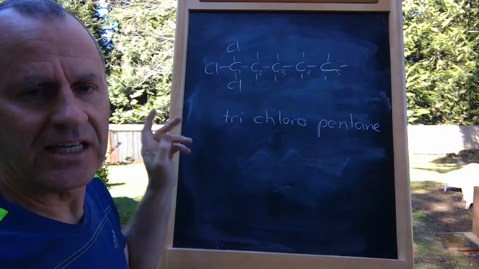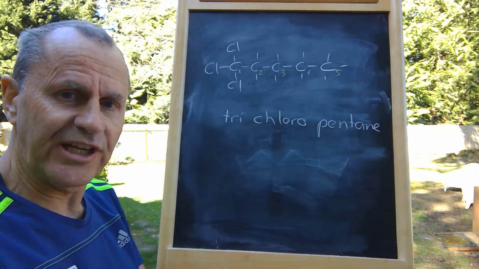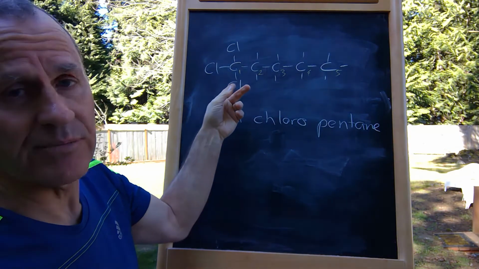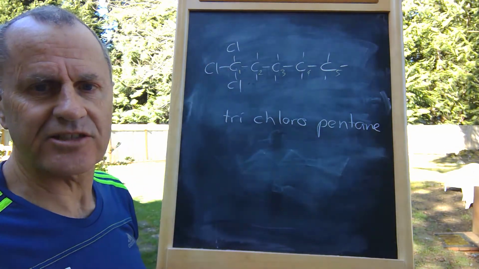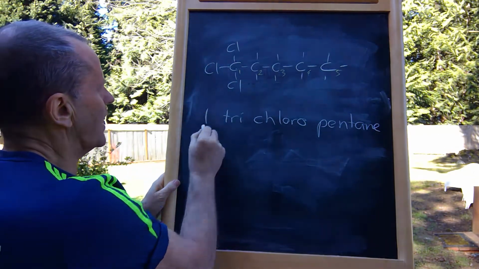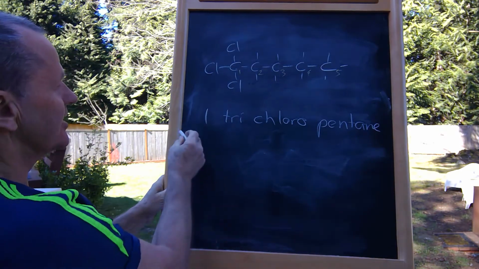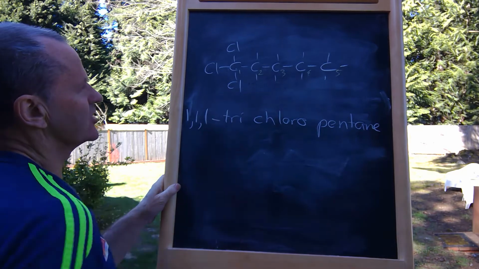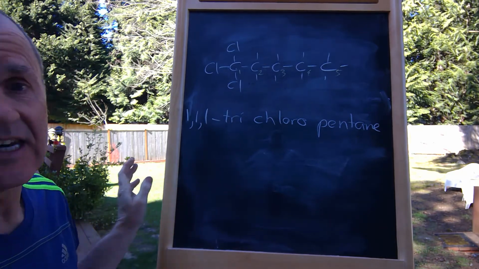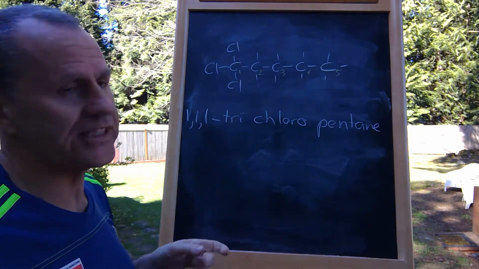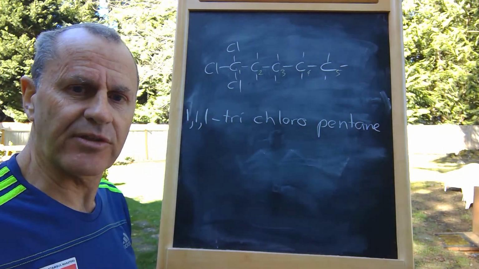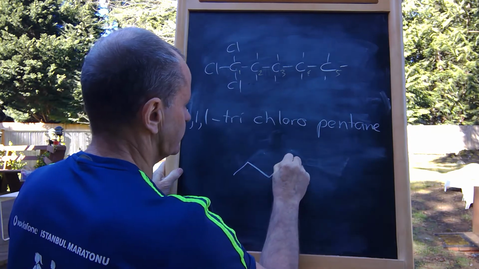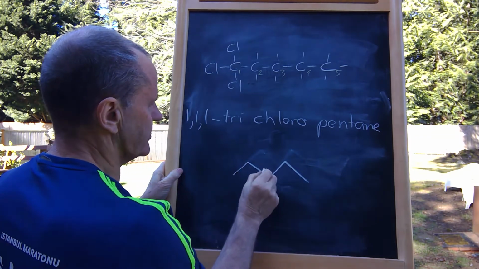pentane. Now at this stage we've got 3 chlorines there, and we have to give each of them the number of the carbon atom they're attached to. So we can't just write 1-trichloropentane. We do this: 1, 1, 1-trichloropentane. A complex looking way of doing it. Let's see how we do it with the zigzag structure. I've lost count. 1, 2, 3, 4, 5.